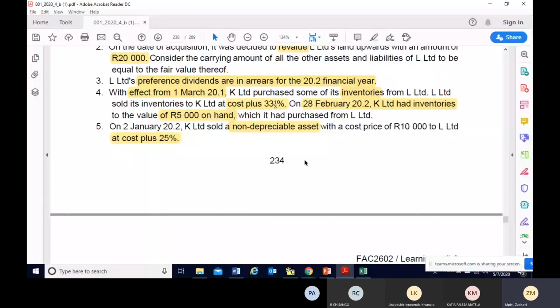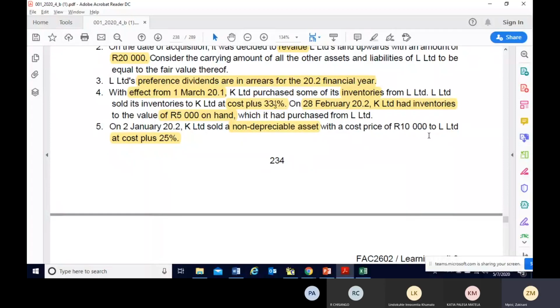We continue reading. The next thing is that KLTD sold, so it's us now selling a non-depreciable asset with a cost price of 10,000 to LLTD.